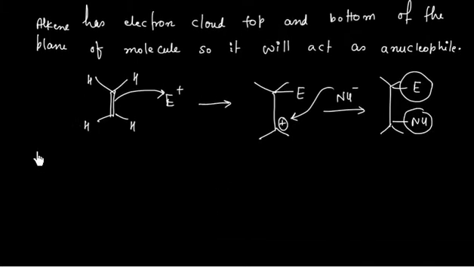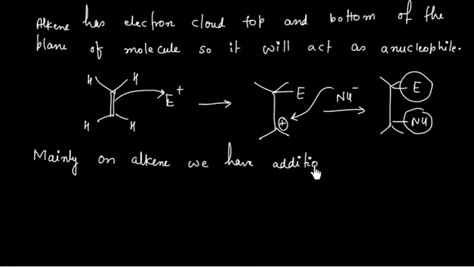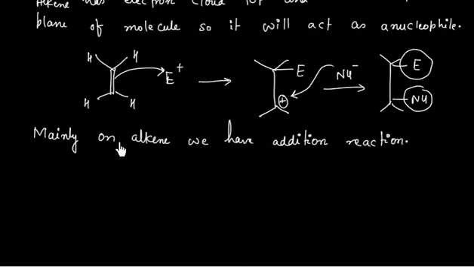So mainly on alkene we will have addition reaction. That is, addition of an electrophile and addition of a nucleophile. The first step is addition of electrophile. This is the second step.